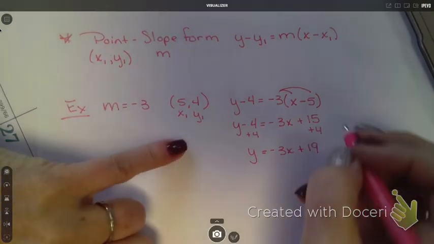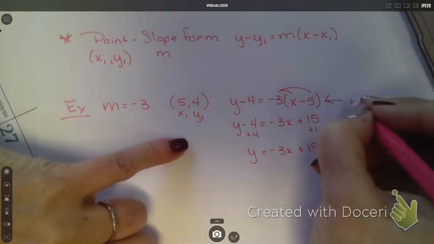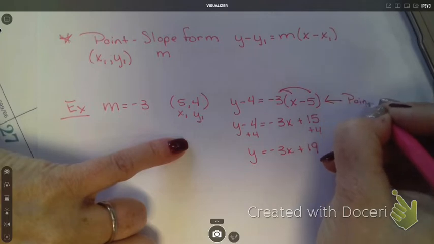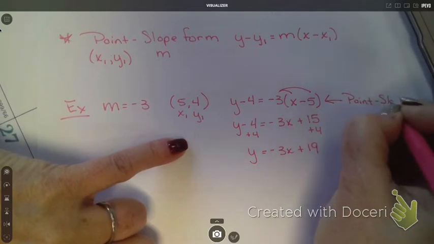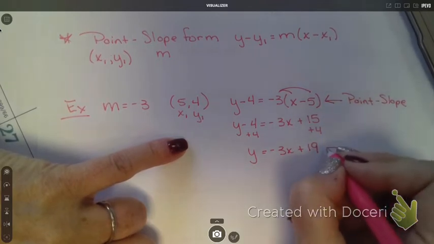Now this equation started off in point slope, right? But it ended in slope-intercept.